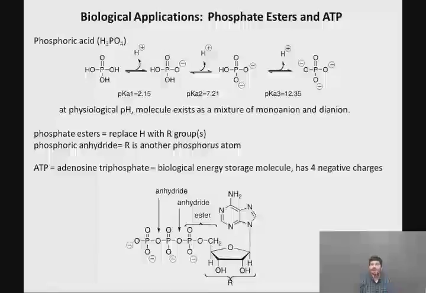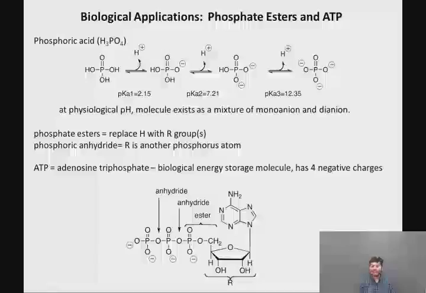So there you have the phosphate ester moiety, and then that first phosphorus is bound to an oxygen, which is bound to a second phosphorus. Thus you have an anhydride linkage, and then that second phosphorus is bound to an oxygen, which is bound to a third phosphorus. So you have another phosphoric anhydride linkage. So ATP is actually a combination of a phosphate ester and a phosphoric anhydride.